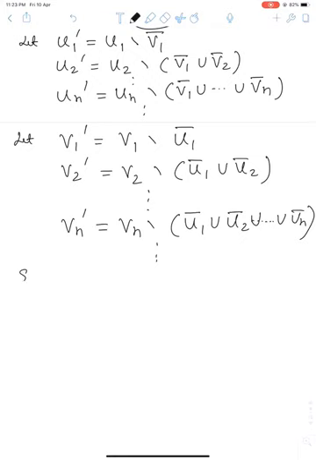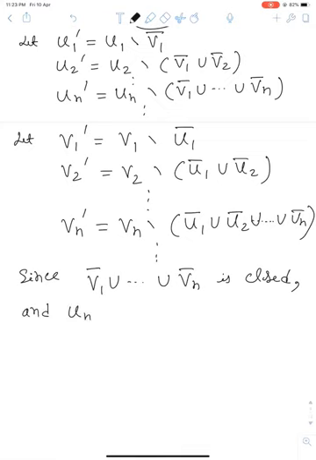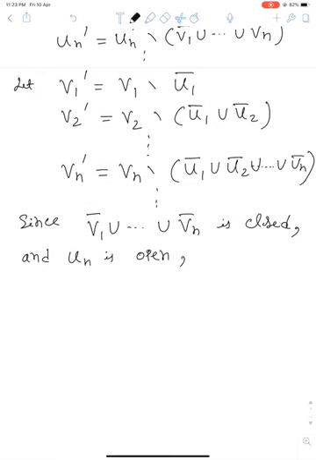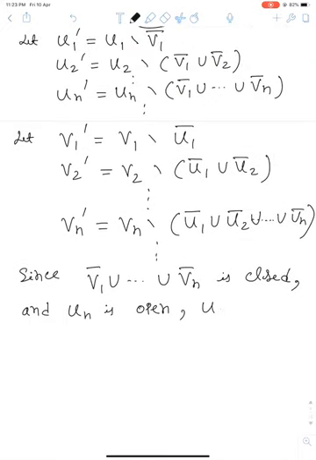So we can write here, since the finite union v1 closure union up to vn closure is closed, and un is open, so un dash is open, right?